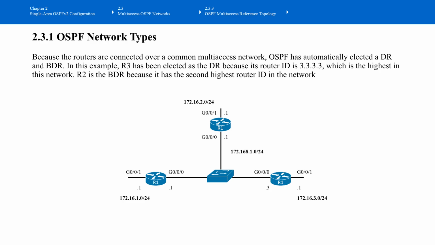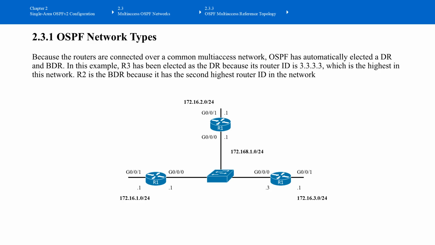Here, OSPF automatically chooses a DR and a BDR because the routers share the same Ethernet network. The election works like this. The highest OSPF priority becomes the DR. The second highest priority is the BDR. If priorities are the same, the router ID breaks the tie. In this example, all routers use the default priority, so router ID decides.